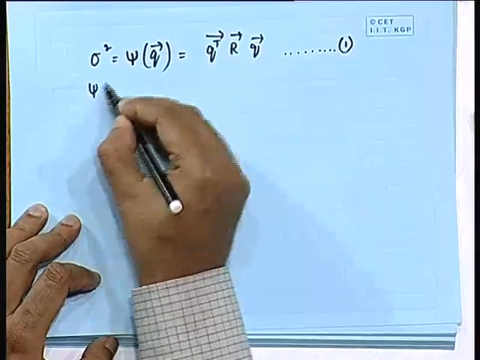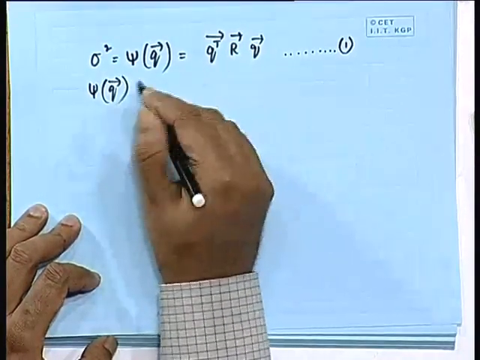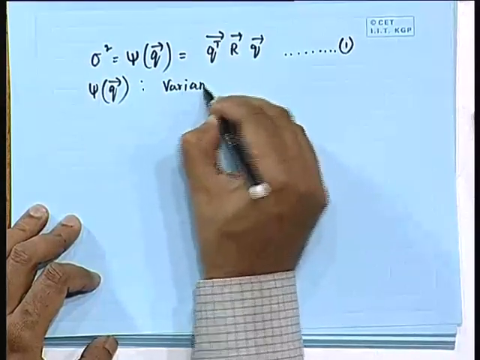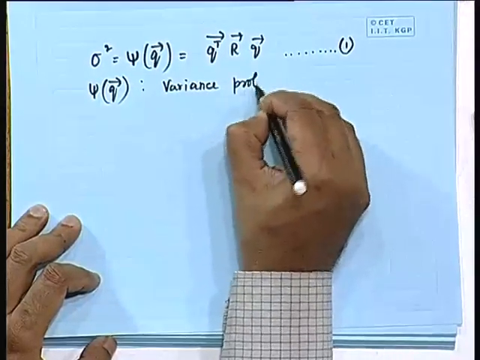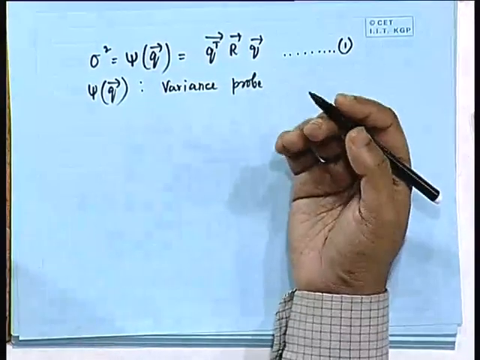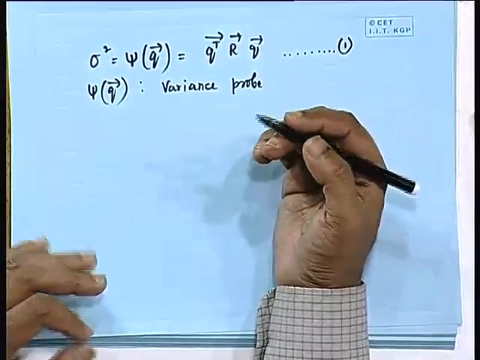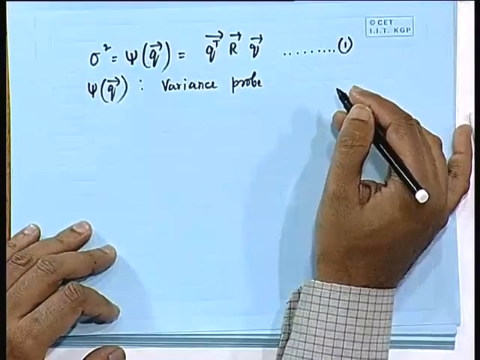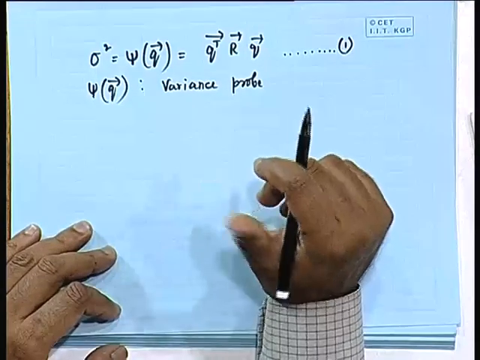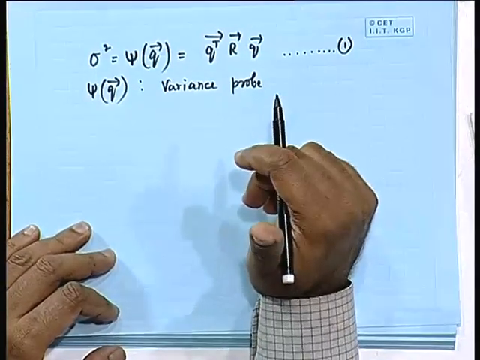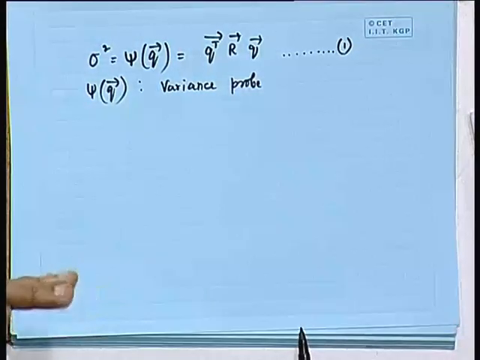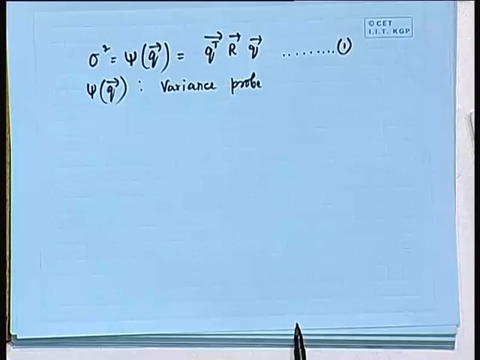So, psi Q, because we are finding out the variance based on this, we are calling it the variance probe, because by varying this Q we are going to find out where lies the minimum. So, at the point where psi Q has some extremal values, extremal in this case is definitely going to be in a minimal sense.